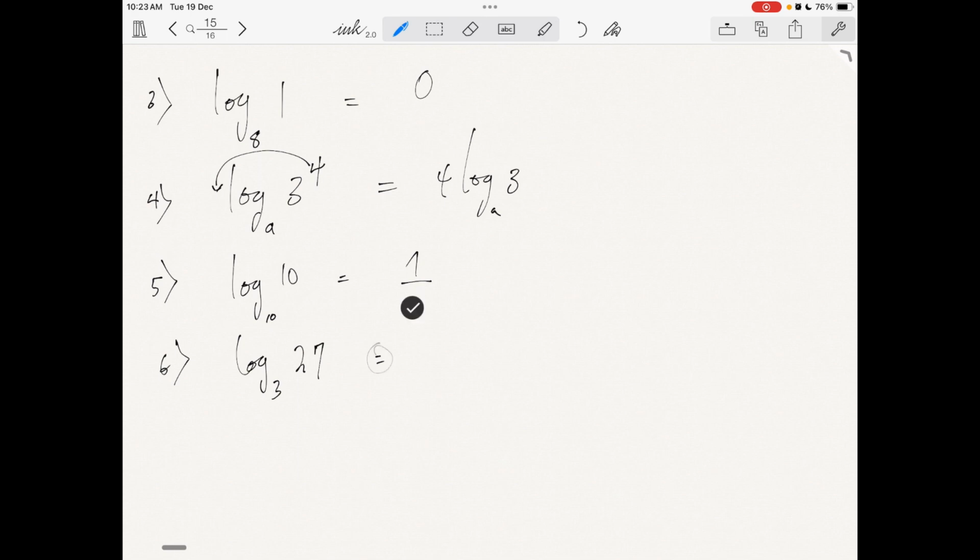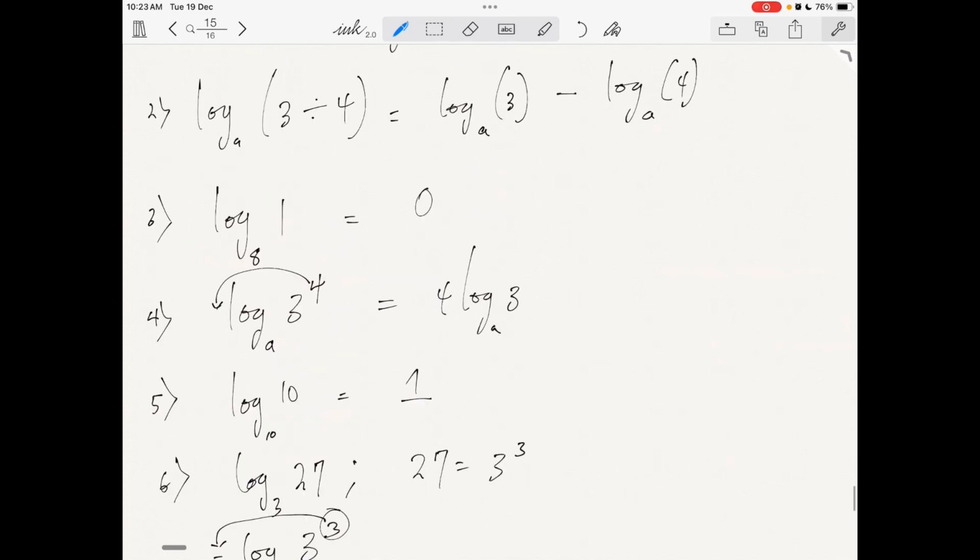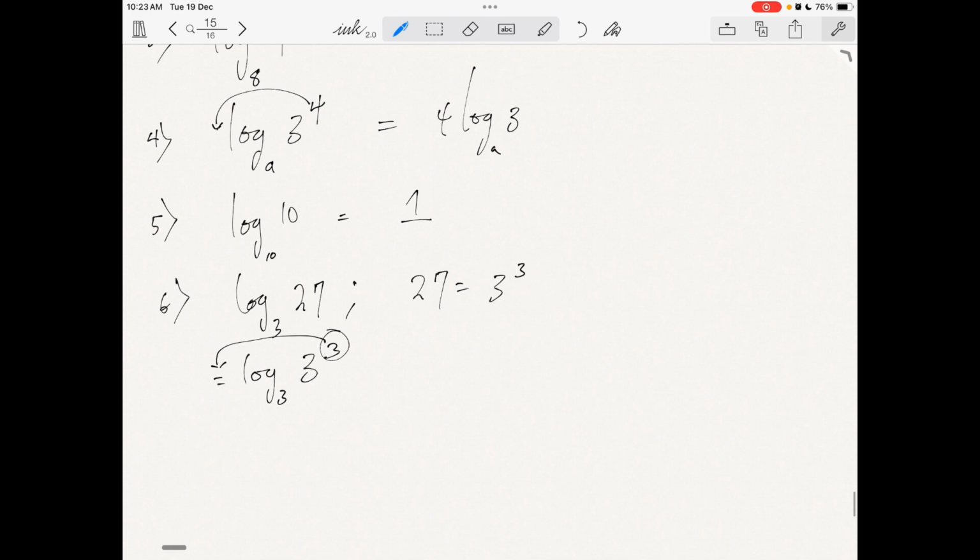Now remember that 27 is 3 raised to power 3. So if we substitute that back, we have log base 3 of 3 raised to power 3. Now this 3 goes back and becomes a coefficient according to the law we applied here.